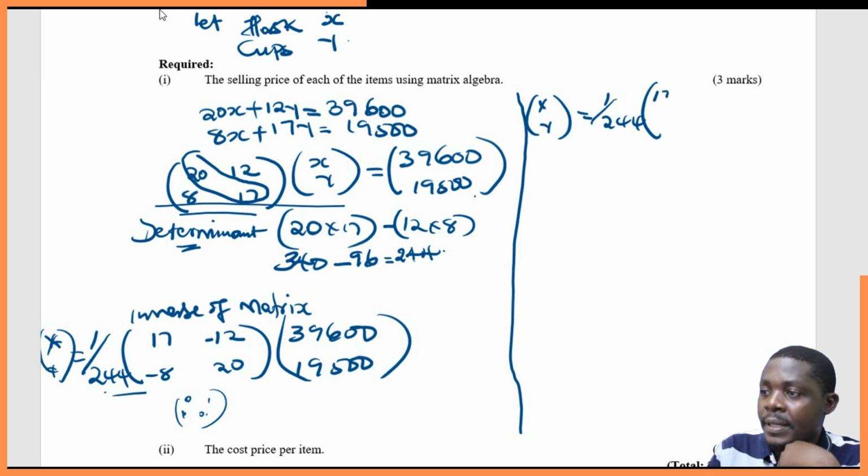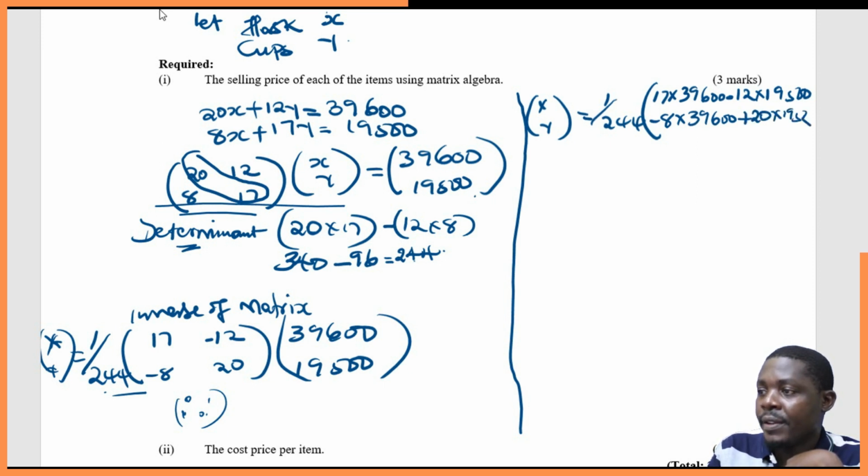Now x, y is equal to 1 over 244 into, now it's going to be 17 multiplied by 39,600 minus 12 multiplied by 19,500. Here we have, it is going to be negative 8 multiplied by 39,600, we add 20 multiplied by 19,500.